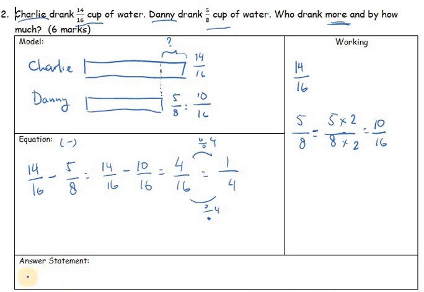So after that, we just need to write down the answer statement, right? So we know that Charlie drank 1 out of 4 more cup of water than Danny.